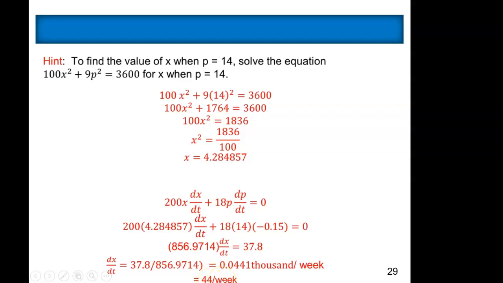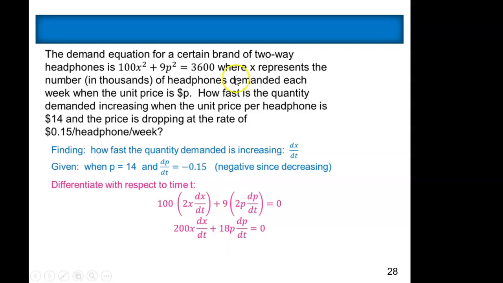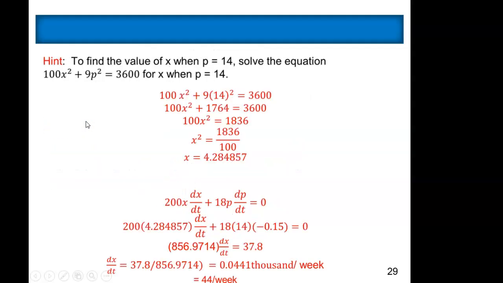So 44 headphones per week is how fast the quantity demanded is increasing when we have a unit price of $14. So if we're charging $14, we are seeing an increase in demand of 44 units per week.